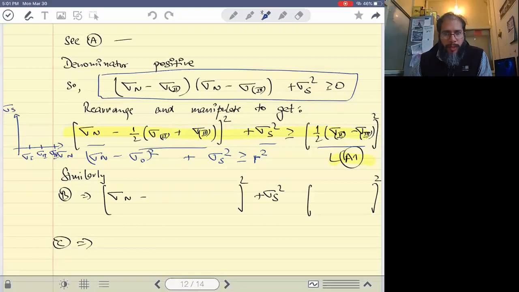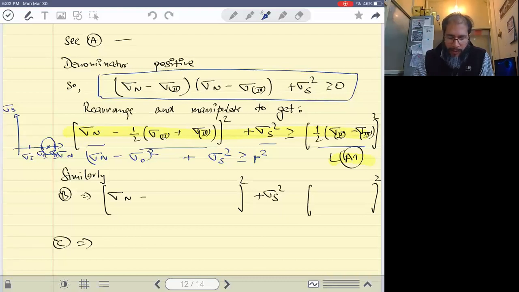So sigma 2 plus sigma 3 by 2 is a point here, and sigma 2 minus sigma 3 by 2 is the half of the distance between the two. So what this gives us is a circle which is centered between 2 and 3 and has a radius which is equal to 2 minus 3 by 2.